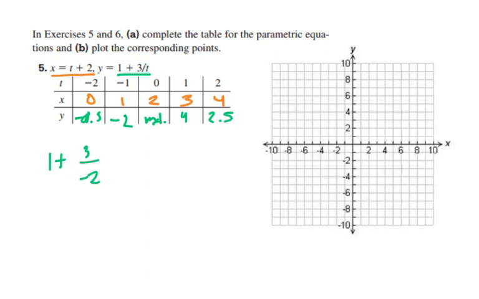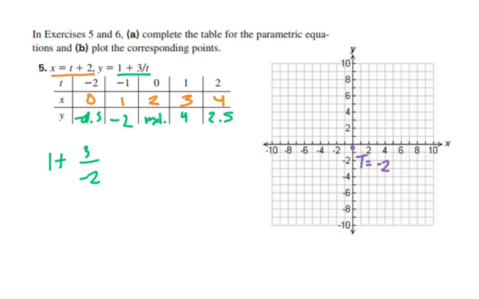Alright, so if we fill this in at time negative 2, which doesn't make sense necessarily, but that's what we're looking at, we have over 0 down negative a half, so that's here. And then to make sure that everyone knows what's happening, you usually write t equals negative 2, and it associates with that point.